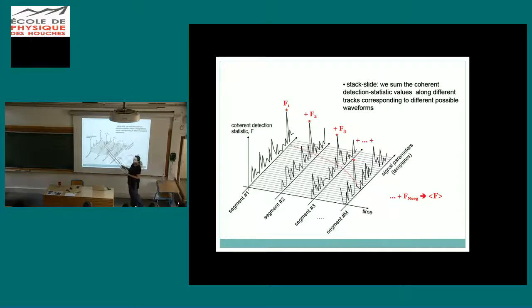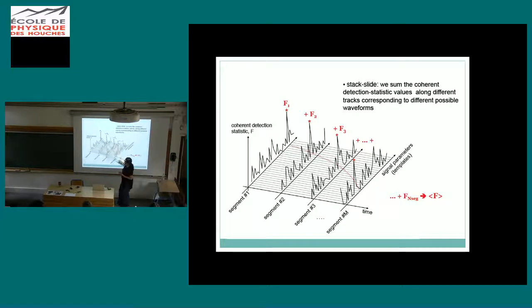How would it appear? It would appear like a peak, so like a high value of the detection statistic in each segment. And in each segment, it would possibly be at a slightly different parameter space point. And here, with the height, I indicated the amplitude of the coherent detection statistic in every segment.